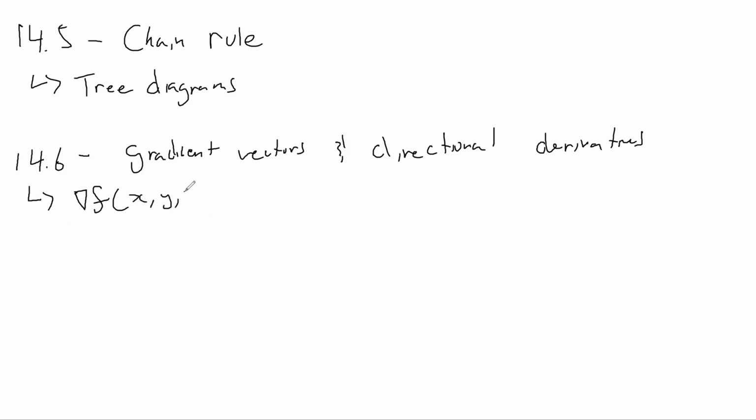Given a function f with the variables x, y, z, the gradient vector of f would be f sub x, f sub y, and f sub z, which is just the partial derivative in each respective component, right? That's one thing to note from 14.6.